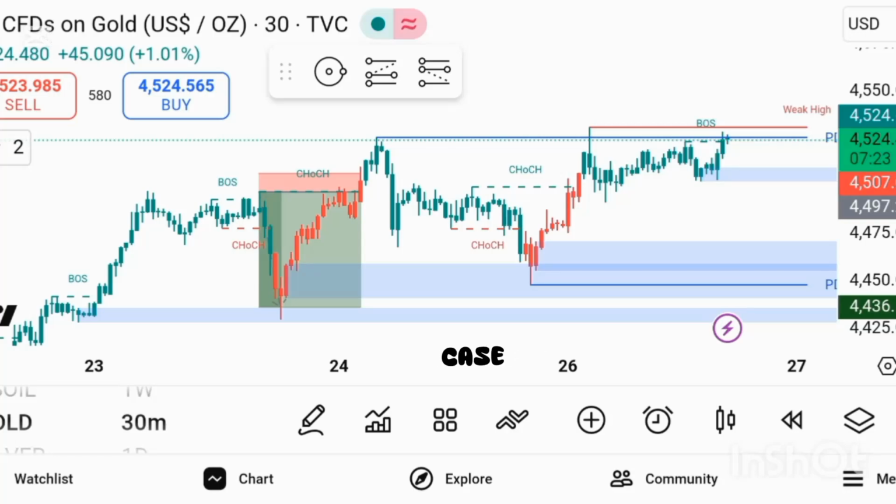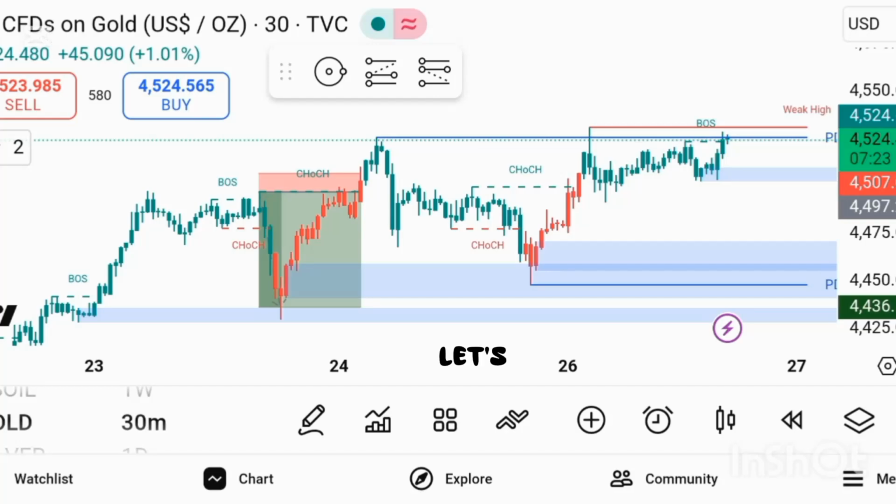In that case, the sell entry would be between 4,530 and 4,535. The stop loss goes above 4,545. The first take profit is 4,500. The second target is 4,470. And the final target is 4,455.